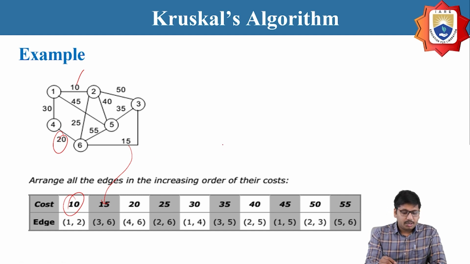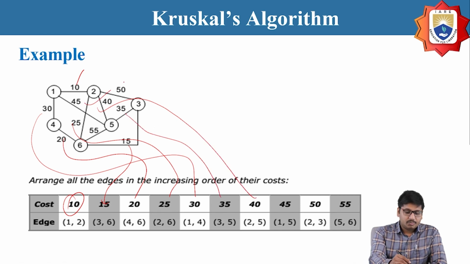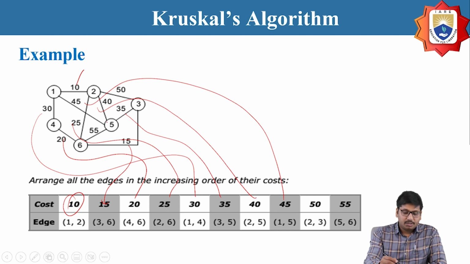The next minimum is 20, so the next one is added. The next minimum is 25, so 25 is added. The next minimum is 30, and the next minimum is 35. Then the next minimum is 40, then 45, and then 50.